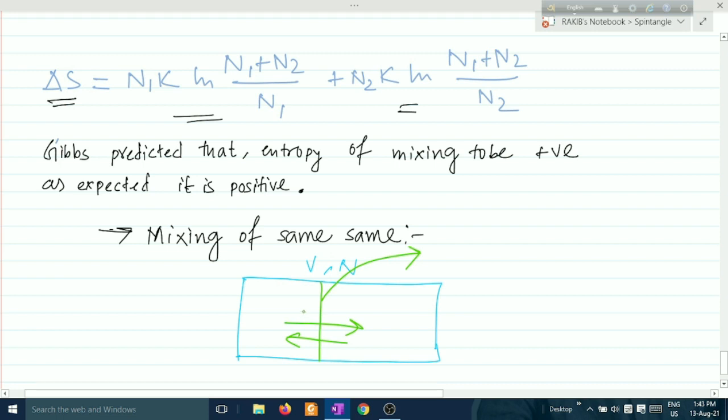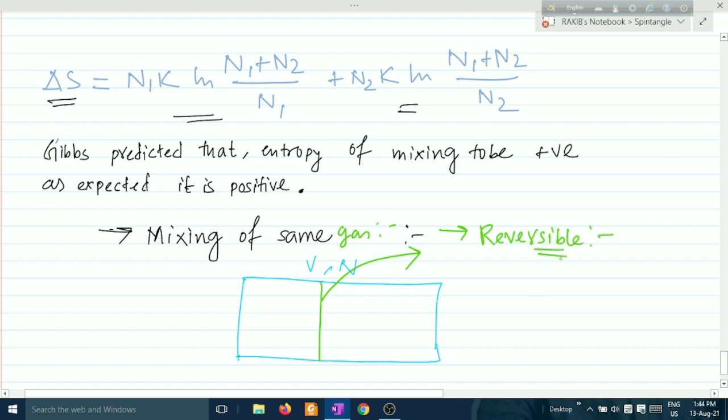Why is this a reversible process? Because this is the same gas. If this is the same gas, then by putting the partition again the system will remain in the initial position. This means mixing of same gas is a reversible process.